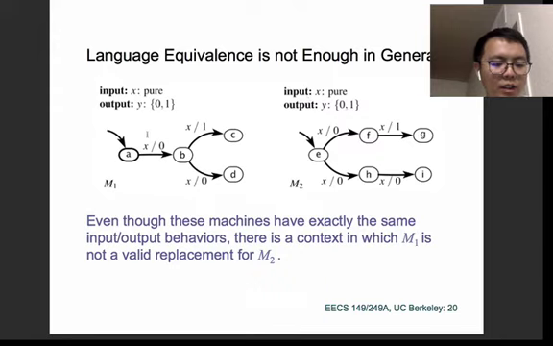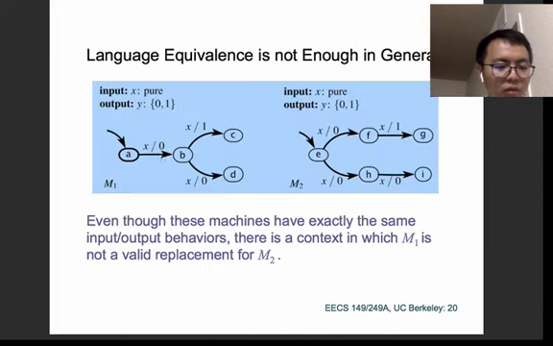here we have the state machine M1 with the pure input X, which means it's either present or absent. This particular machine with X absent will transition to state B, and it will produce the output 0.